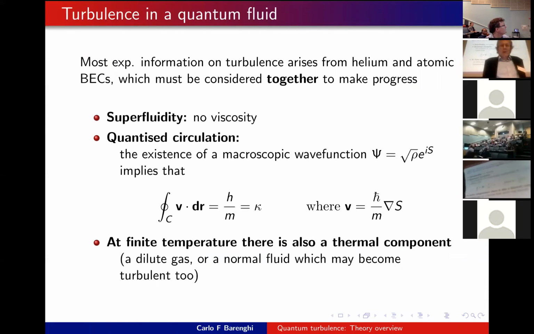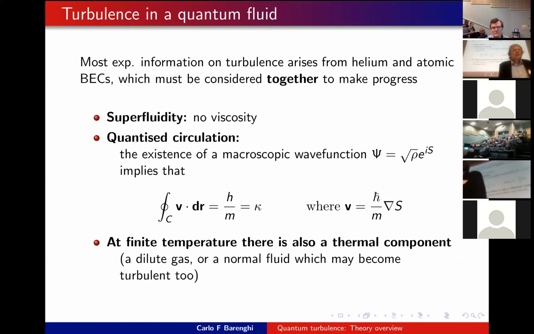That is something easy to demonstrate simply from the existence and uniqueness of psi. And this circulation must be an integer multiple of a quantum of circulation kappa, which is the ratio of Planck's constant and the relevant boson mass, as you see written there. So this property is crucial because it makes quantum fluids quite different from ordinary fluids, in which the circulation and the vorticity are not constrained at all.